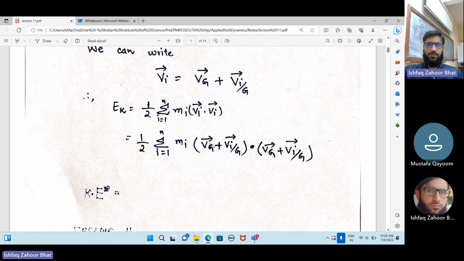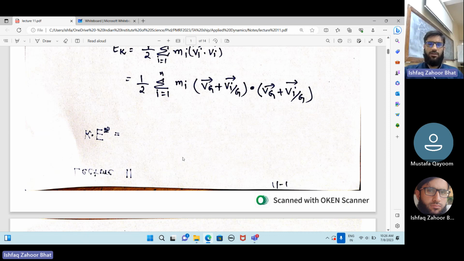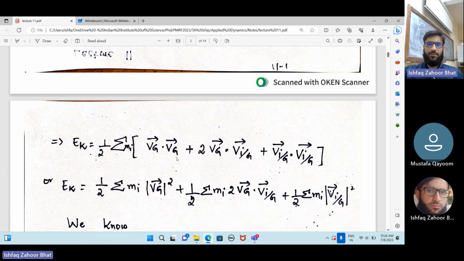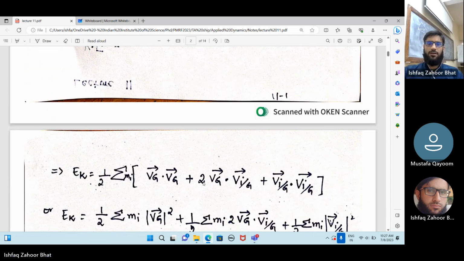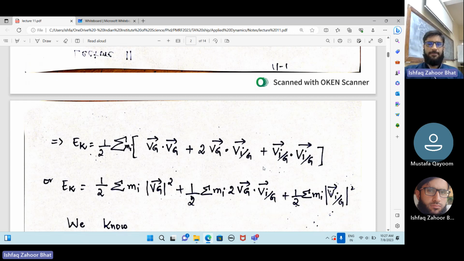We will multiply V_g with V_g and V_ig with this, similarly this and this. You know, if we have A plus B dot C plus D, it is equal to A dot C plus A dot D plus B dot C plus B dot D. Similarly, we expand this expression and we get V_g dot V_g, multiplying this and this, plus this plus this.